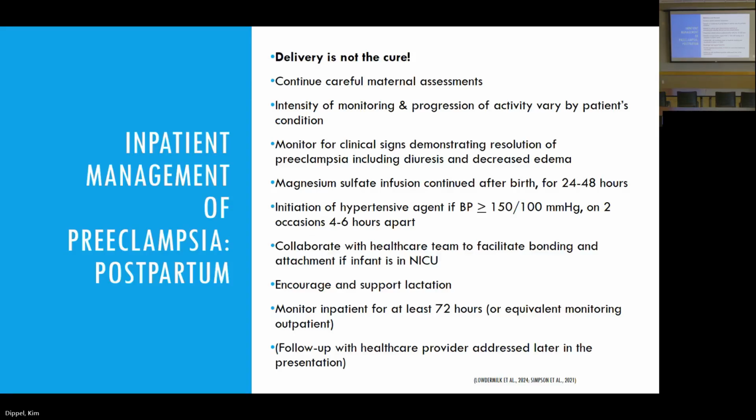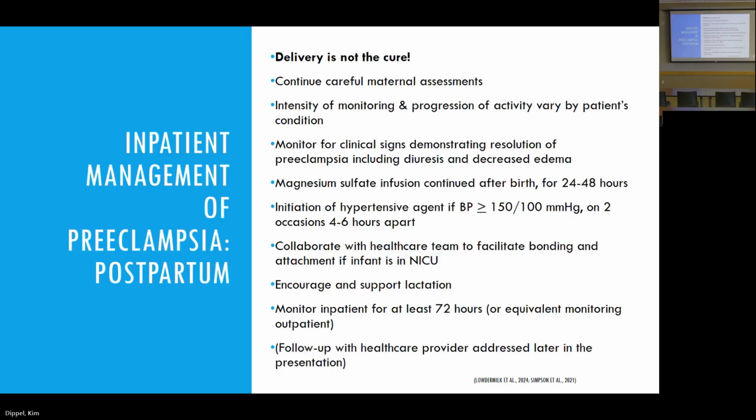I hope we really solidified that earlier when we talked about the pathophysiological effects of preeclampsia. Moms need careful maternal assessment, and intensity of monitoring really varies by their conditions.